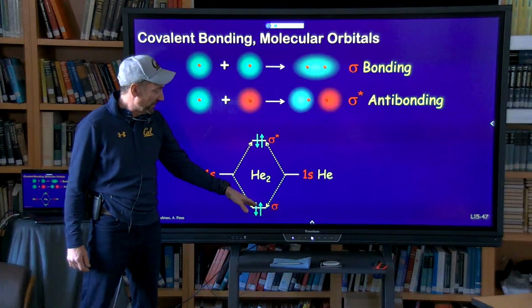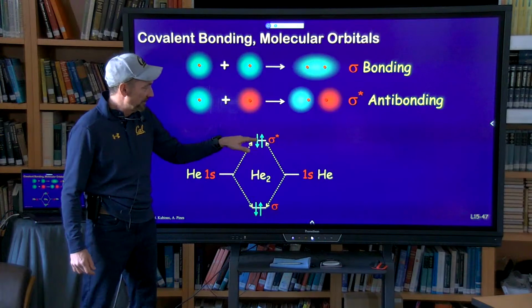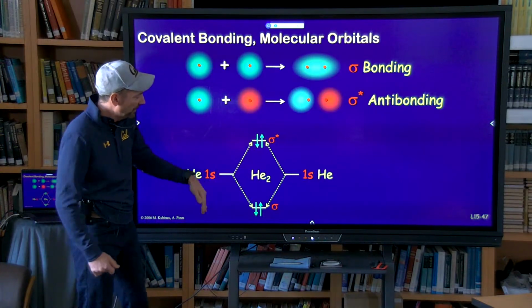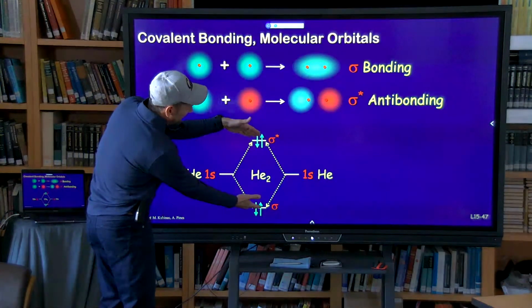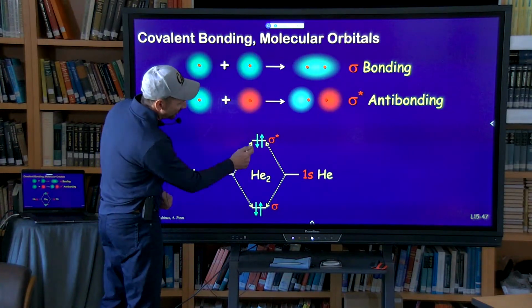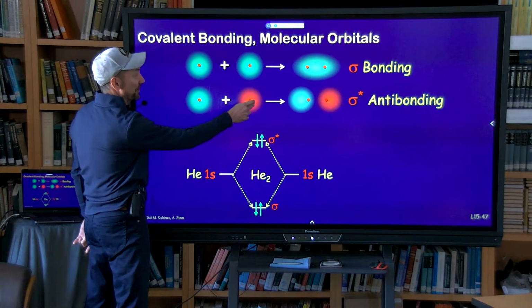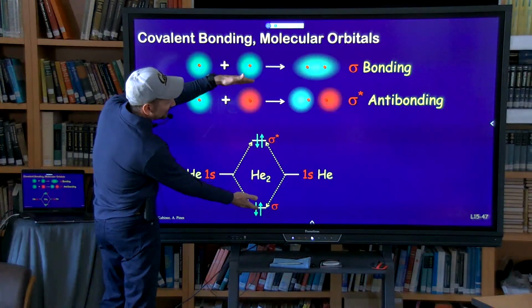a kind of undesirable result. This arrangement, you have high energy and low energy orbitals, and they're all full. And this arrangement isn't any more favorable than this. In fact, it's worse. I haven't drawn it exactly right. This antibonding orbital is actually higher in energy, so this is not as symmetric as I've drawn it.